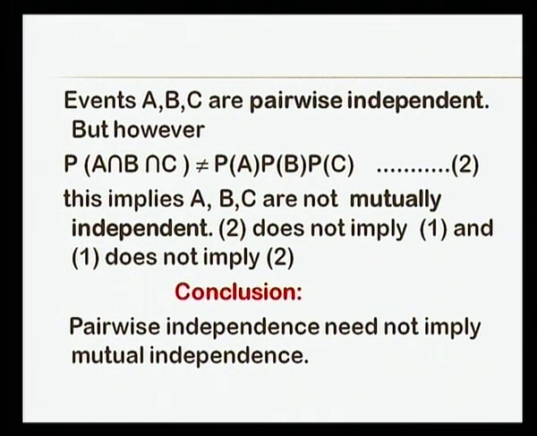So, in general, the result given in 2 does not imply the result given in 1, and at the same time the result given in equation 1 does not imply the result given in equation 2. So, we can conclude that pairwise independence need not imply mutual independence of events.